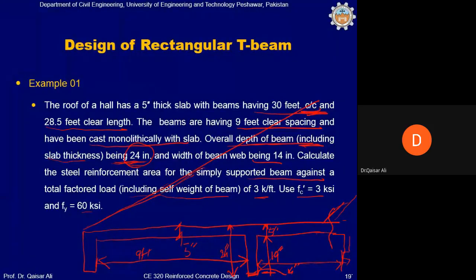So the design will be like a T beam, and you will check whether the compression block depth a is within the flange depth or slab depth or not. Anything else if it is not clear?